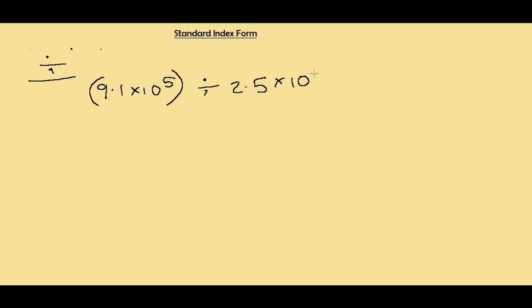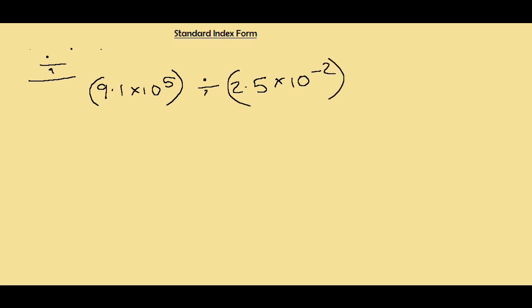The next thing we're going to do is have a look at division, and you'll be pleased to know it works very similar to multiplication. So here's an example, 9.1 times 10 to the power 5, and we're dividing that by 2.5 times 10 to the power of minus 2.